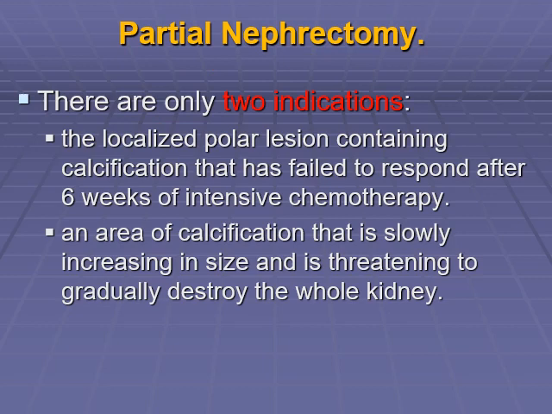We have partial nephrectomy, or what's called nephron-sparing surgery, which is indicated if a localized polar lesion containing calcifications has failed to respond to treatment after 6 months of intensive chemotherapy, or if there is an area of calcification that is slowly increasing in size and is threatening to gradually destroy the whole kidney.